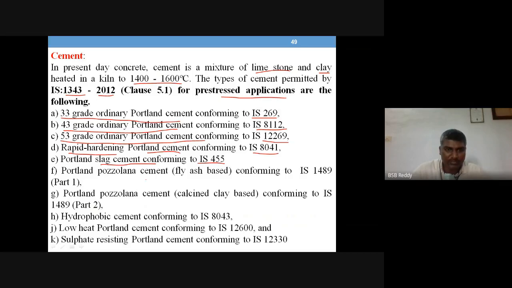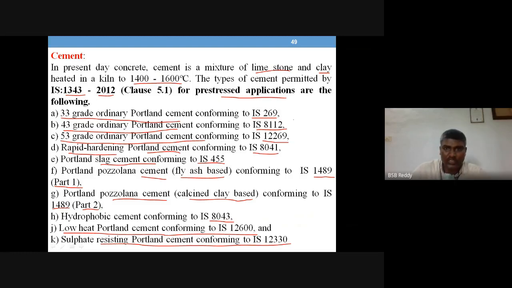cement like Portland pozzolana cement, which is fly ash based, conforming to IS 1489 part 1, and Portland pozzolana cement, which is calcined clay based, conforming to IS 1489 part 2, hydrophobic cement conforming to IS 8043, low heat Portland cement conforming to IS 12600, and sulfate resisting Portland cement conforming to IS 12330.